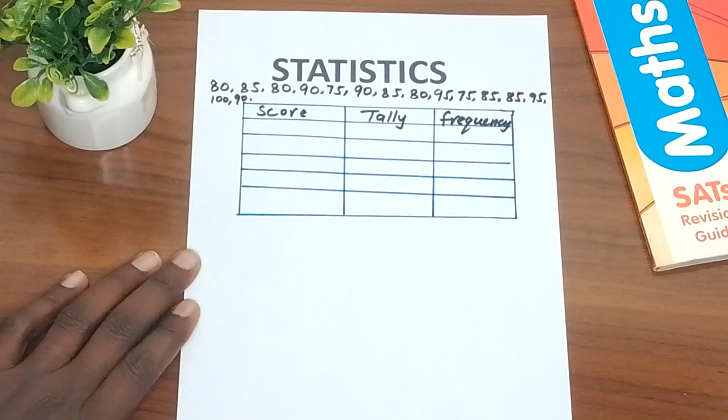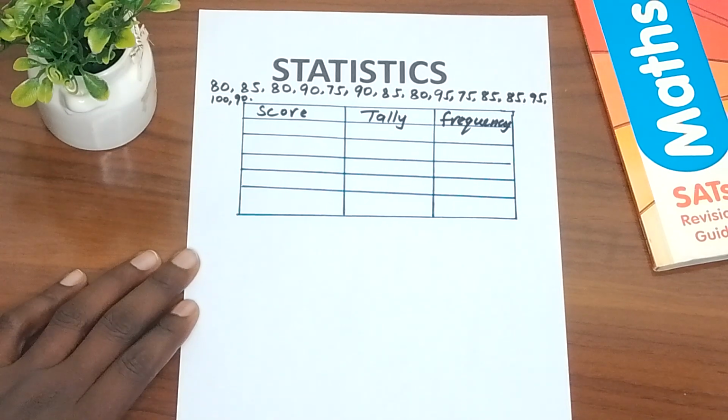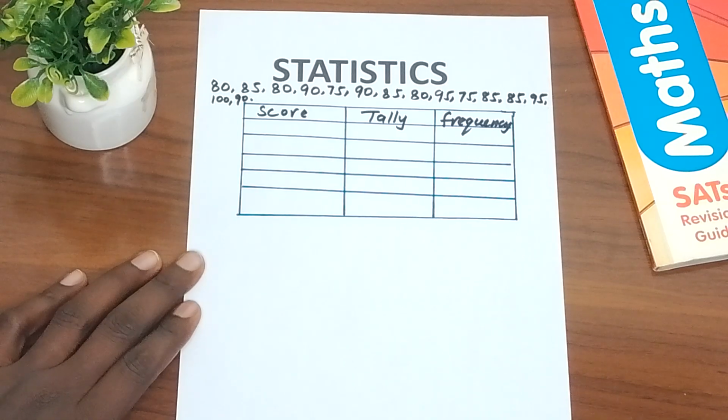In this video, we are going to look at data and statistics, finding the range, mode, median, and the mean. So let's get started. First of all, when you are given data to arrange, to find the mode, the median, the mean, what you do first is to rank.